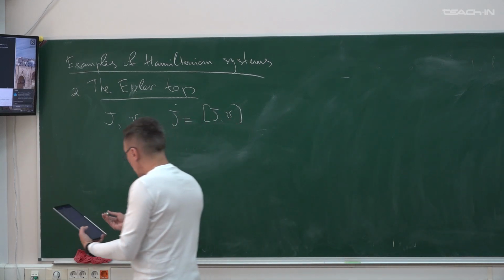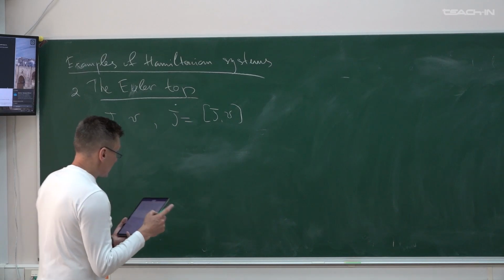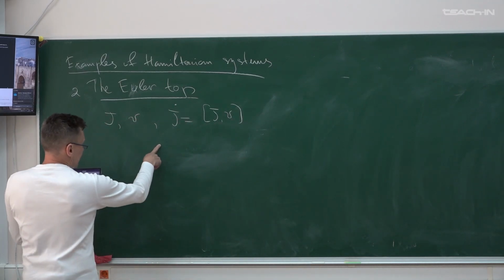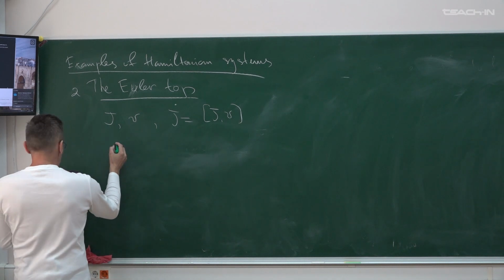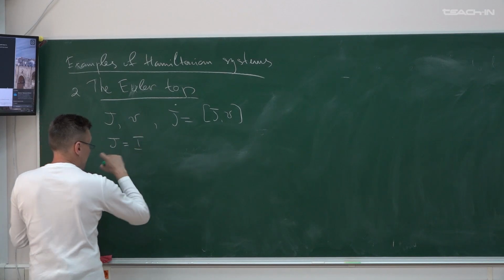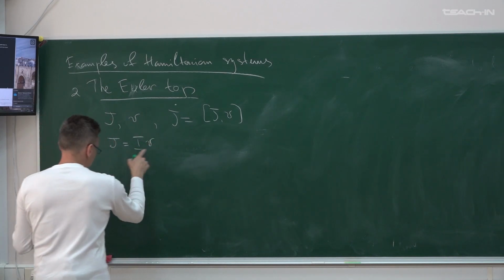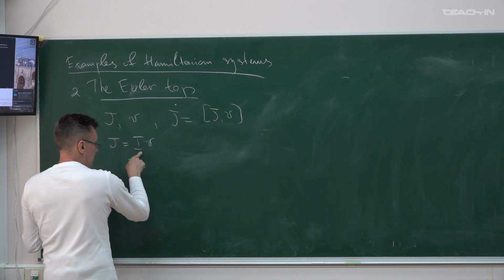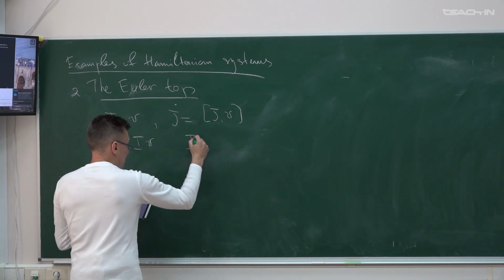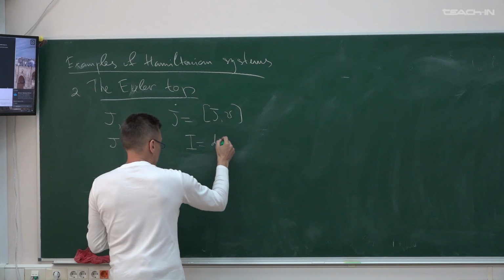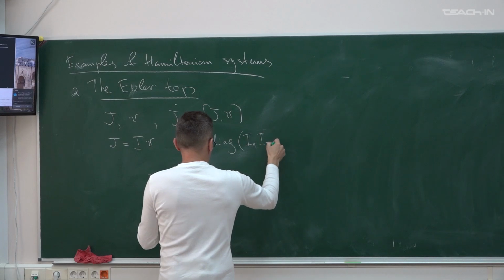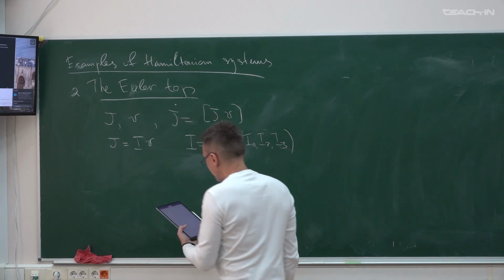Traditionally, one goes to the good coordinate system in which J is related with the angular velocity by the matrix I, which is a diagonal matrix, diagonal matrix I1, I2, I3.